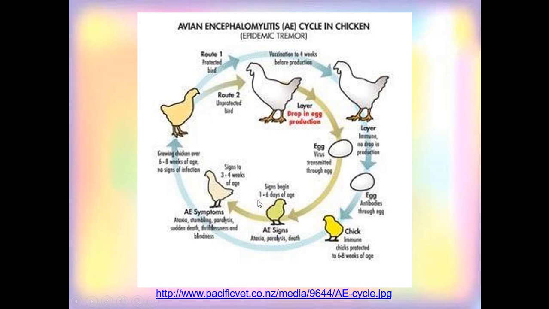And the signs begin at a very early age, from 1 to 6 days of age. Okay, and it can progress into 4 weeks, but the chicken usually dies easily due to dehydration because they cannot take feed and drink properly.